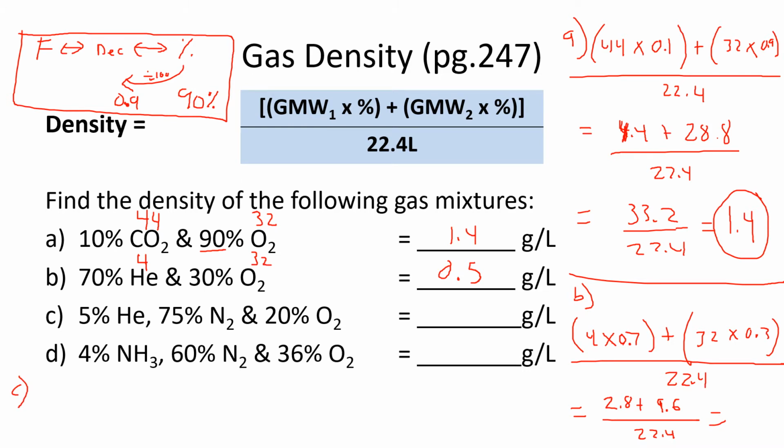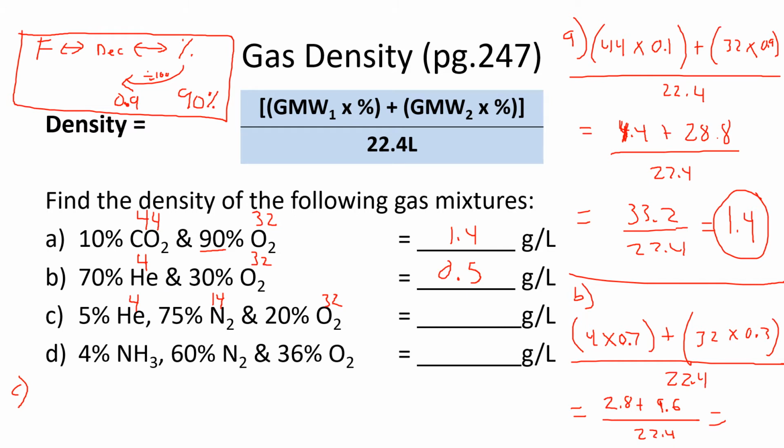All right, let's do C. Now we have 3 items, but nothing changes. Helium is 4. Nitrogen we figured out. Is it 14 or 28? 14. Oxygen is 32.